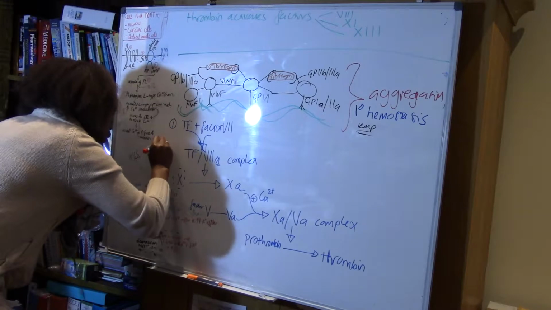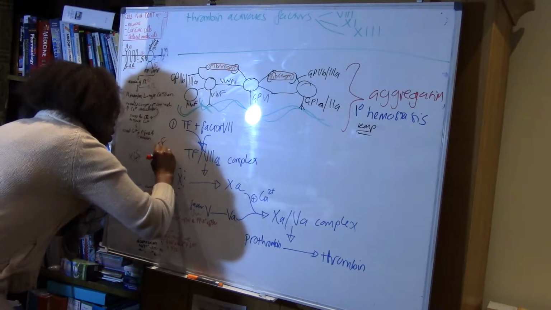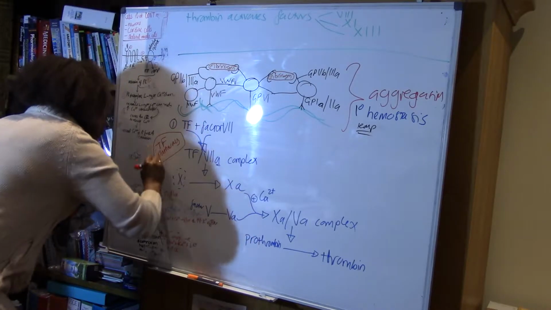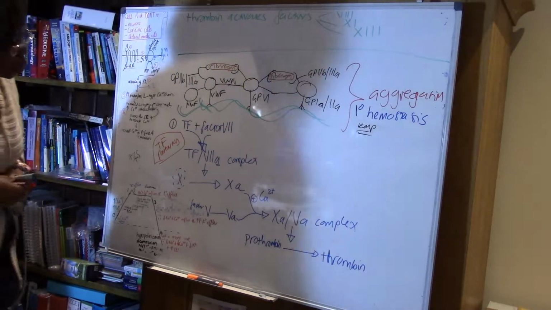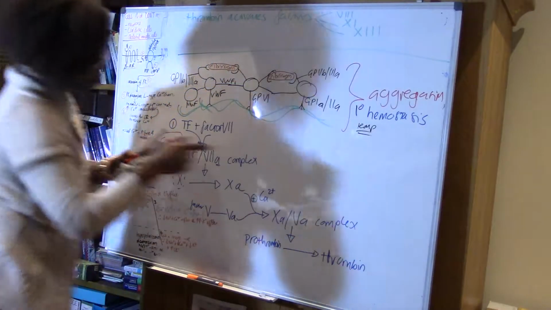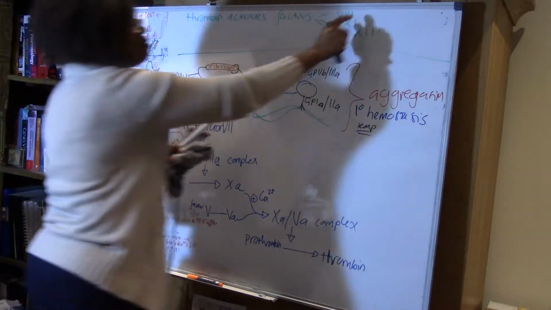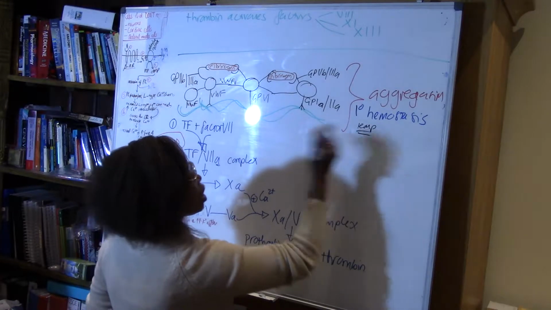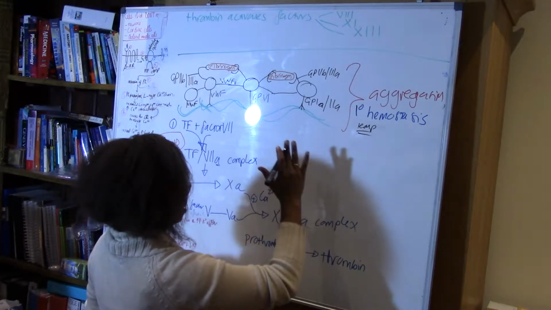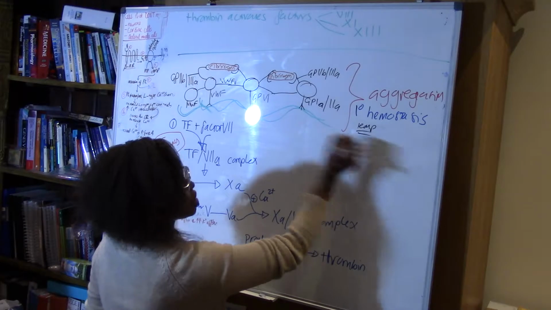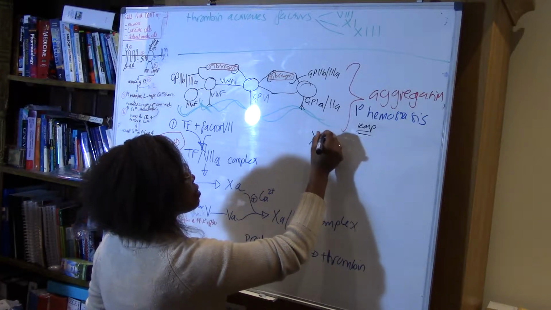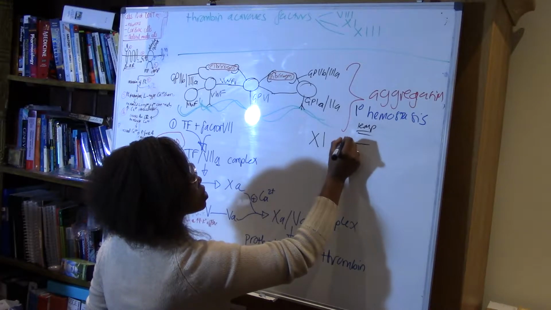This is the tissue factor pathway. So once we have this little bit of thrombin, it comes in and activates factor 11. So we start here. Thrombin will activate factor 11. So this is thrombin there.